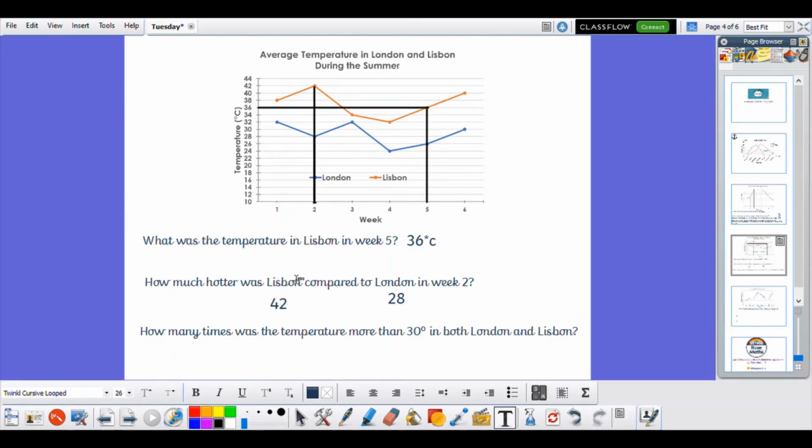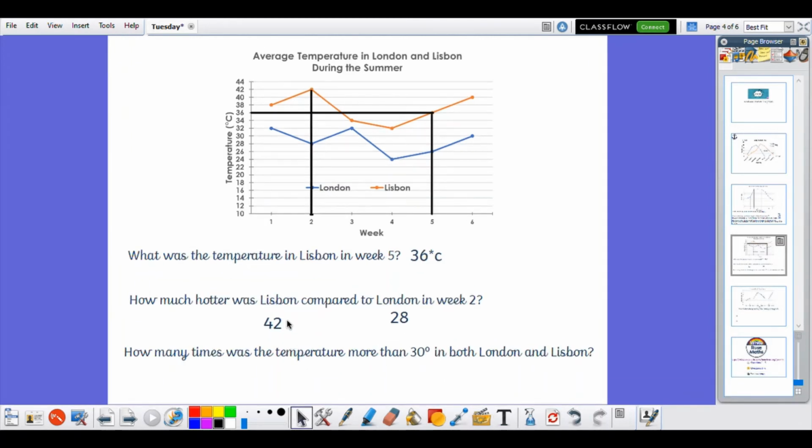Okay, so like before, like I did on the other graph, I'm going to subtract those numbers to find the difference between them. So I'm going to do 42 subtract 28. So I can't do 2 subtract 8, so I need to carry, I need to exchange. So I've got 3, and then I've got 12 subtract 8.